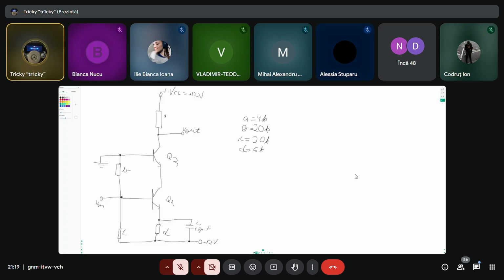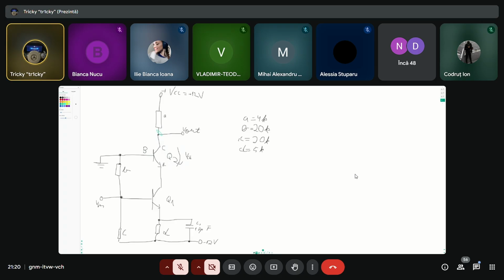Okay. Some important things to note about BJTs. This right here is called the base. This is the collector, and this is the emitter. So across this down here, we have the voltage between the collector and the emitter.